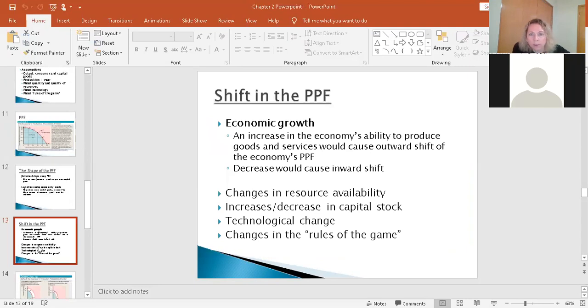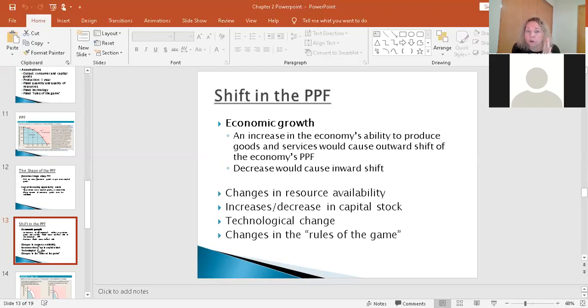All right, let's talk about shifts in the PPF, the production possibilities frontier. This thing shifts. It moves in its entirety sometimes, one direction or the other. Typically here in the United States, we see our PPF move in the upward, outward direction to the right.